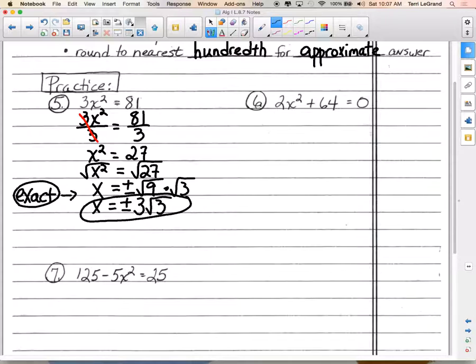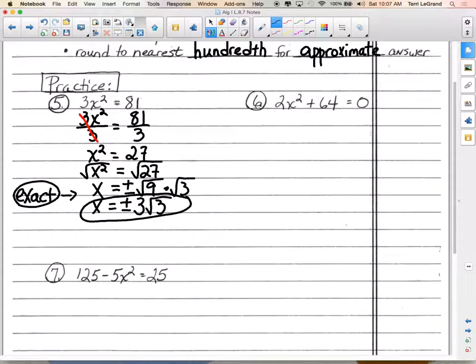X is equal to a positive and a negative, 3 square roots of 3. Another way you might hear that said, 3 radical 3. Really what it is is 3 times the square root of 3.